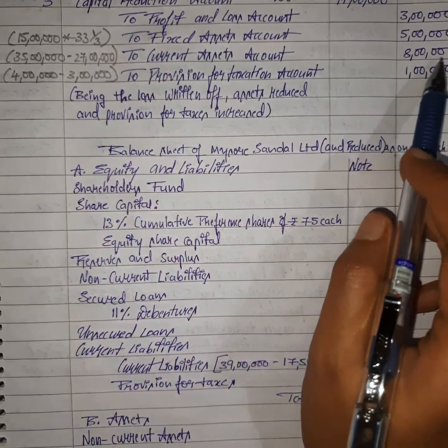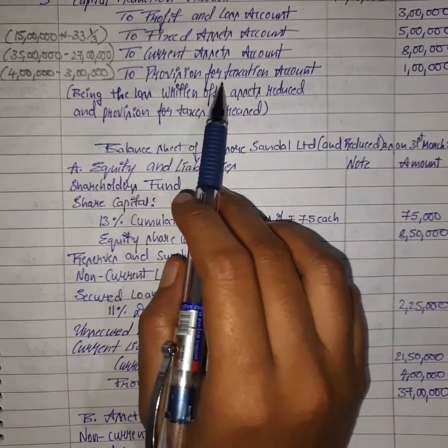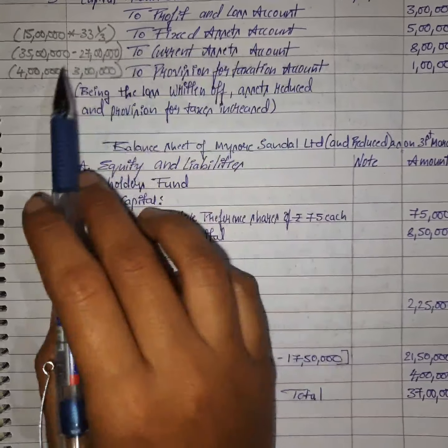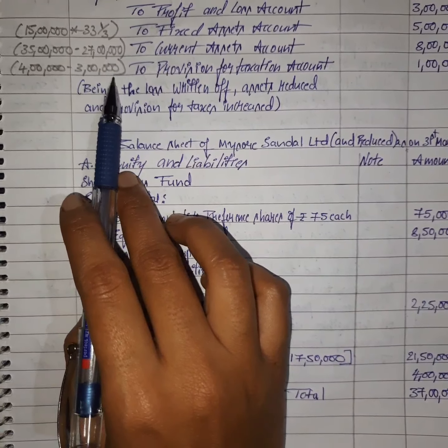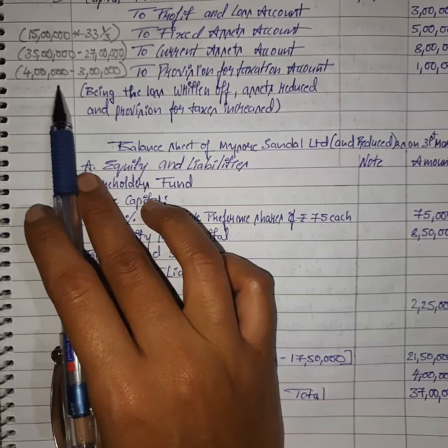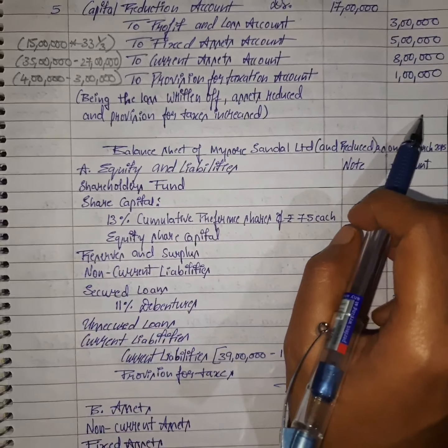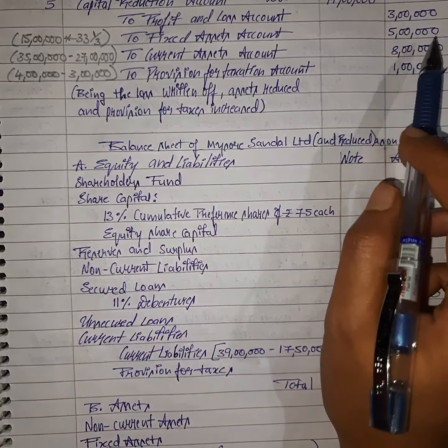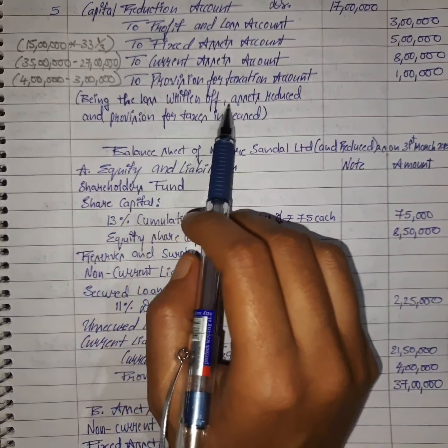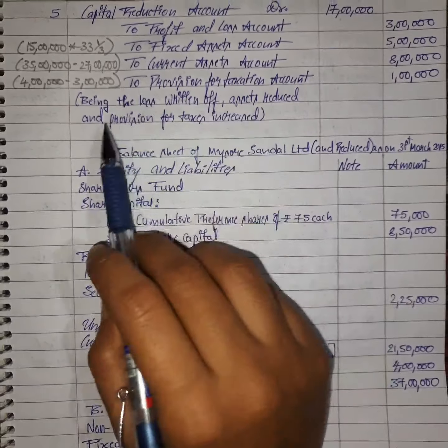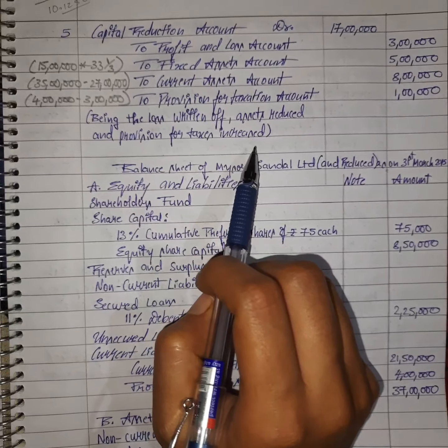You will be getting the reduction of 8 lakh. To provision for taxation account, 4 lakh minus 3 lakh, 3 lakh in the balance sheet. In the adjustment you have got 4 lakh, so 1 lakh you will be mentioning in the credit side. 3 lakh, 5 lakh, 8 lakh, 1 lakh you are mentioning in the credit side. Being the loss written off of assets reduced and provision for taxes increased.